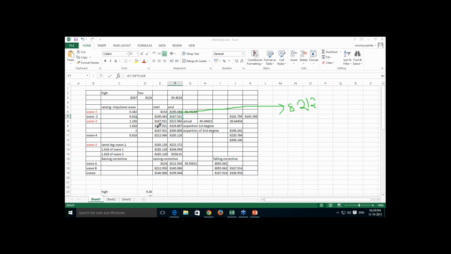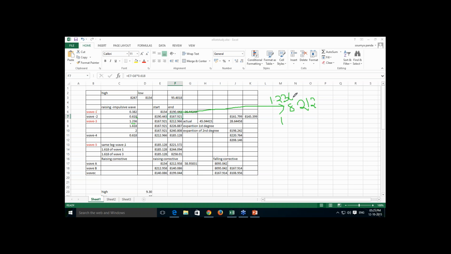So it has followed the 1.236 retracement for completing wave 1 from 8154. Then my wave B or wave 2 will be the lowest ratio as compared to this one. So the ratio for wave 2 now should not be 0.618, it should be 1. Previously we expected 0.382, it has gone to 1.236.